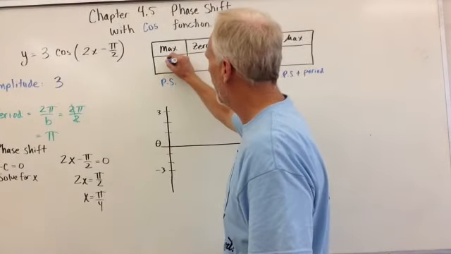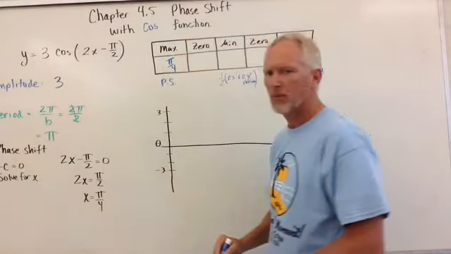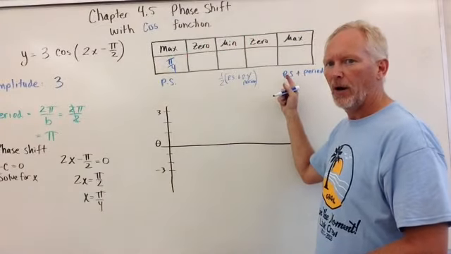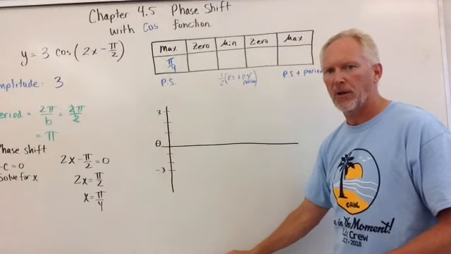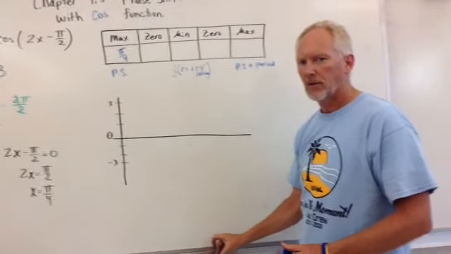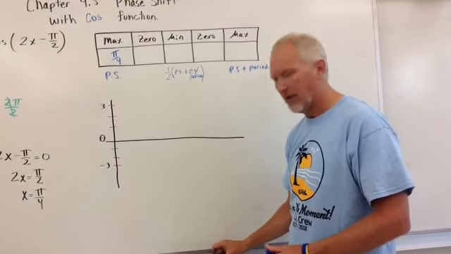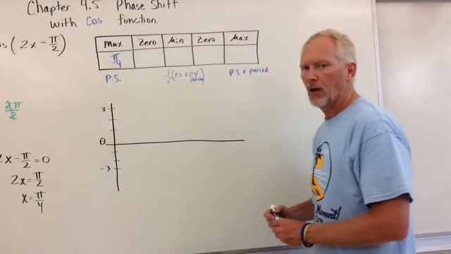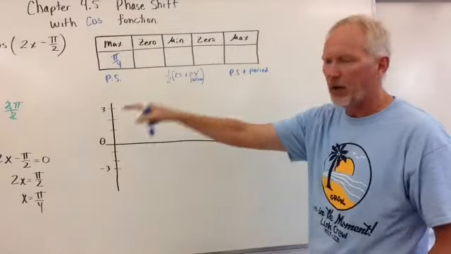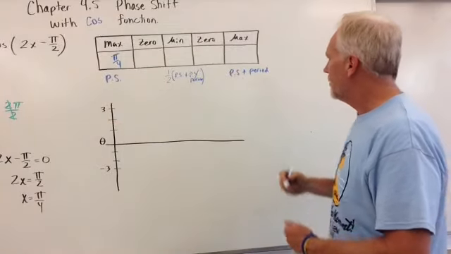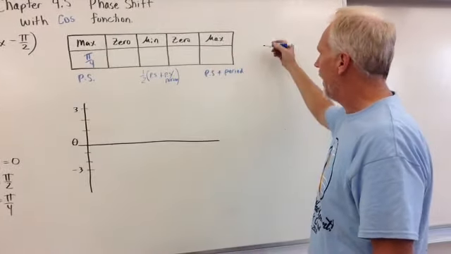Now I need to find out where this last max is. So I'm going to scoot this over a bit so we can do some work on this side. It's pi over 4, and we have a period of pi.